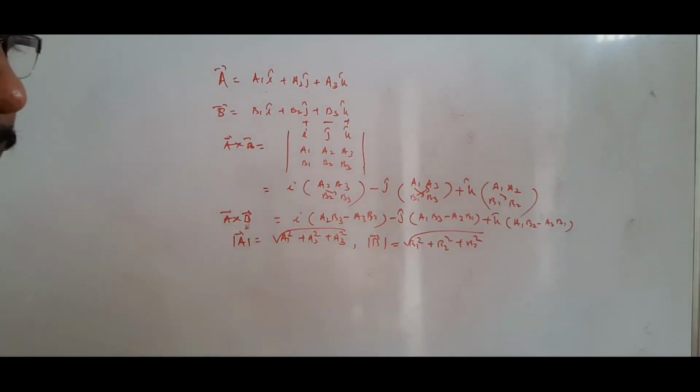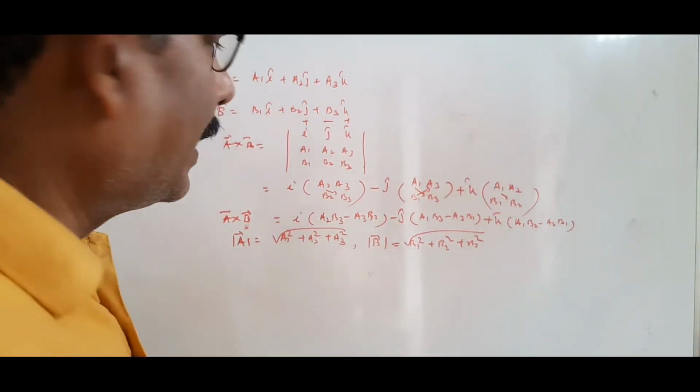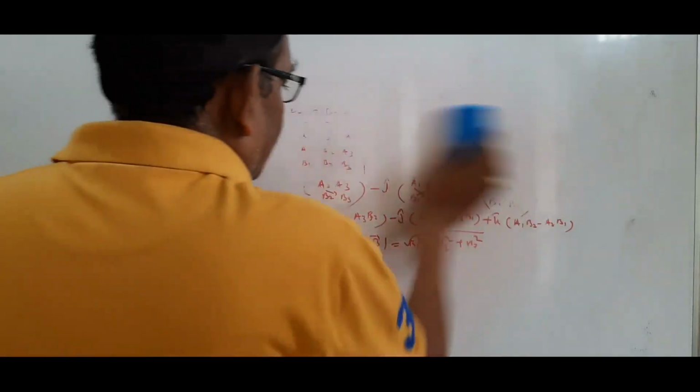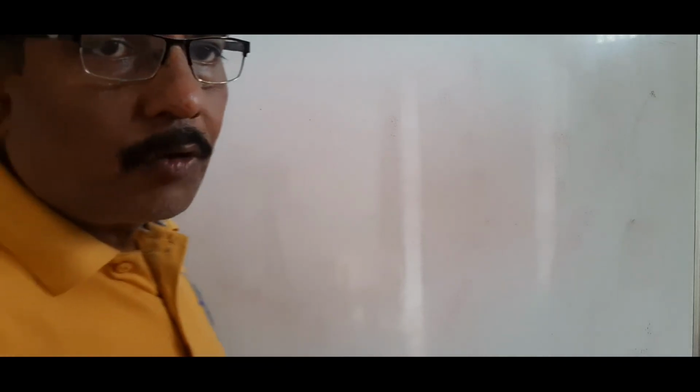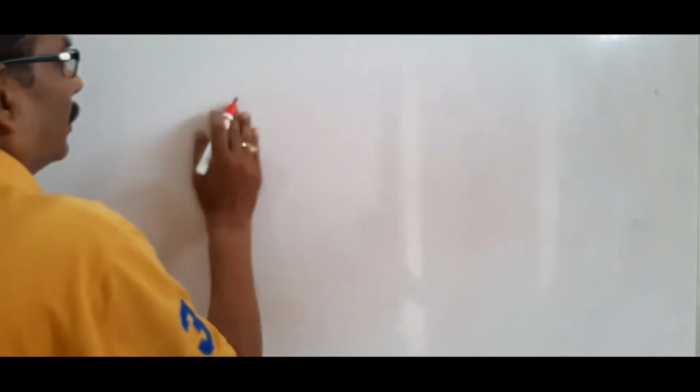Now, how to find out the sine of the angle between A and B? Next, how to find the sine of the angle between two vectors using the cross product?